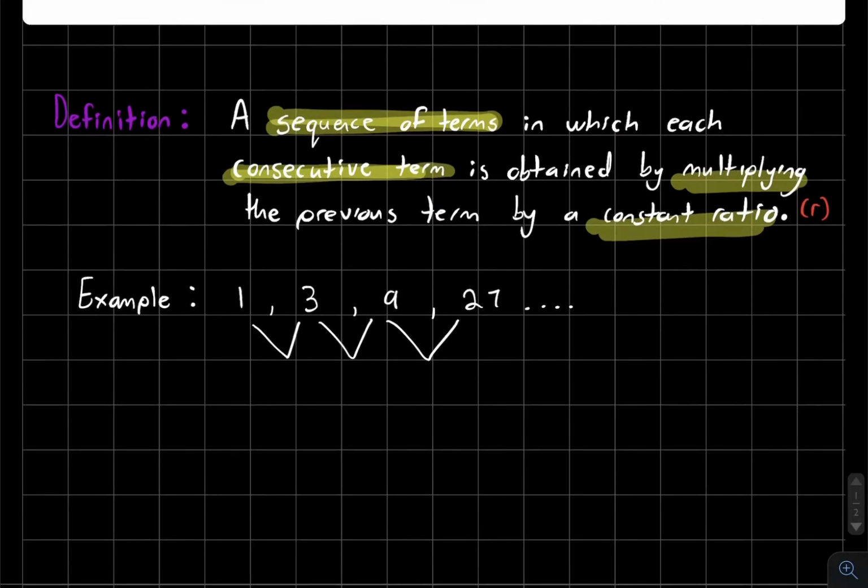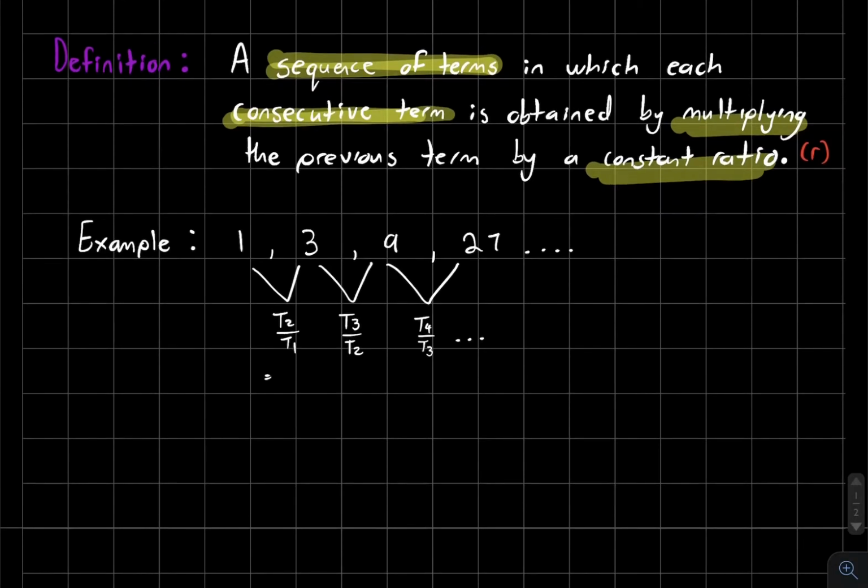To find that common ratio, we can divide the second term by the first term, the third term by the second term, the fourth term by the third, and so on. If we do this, we get 3 over 1, 9 over 3, 27 over 9, and all of these simplify to 3. So our common ratio here is 3.